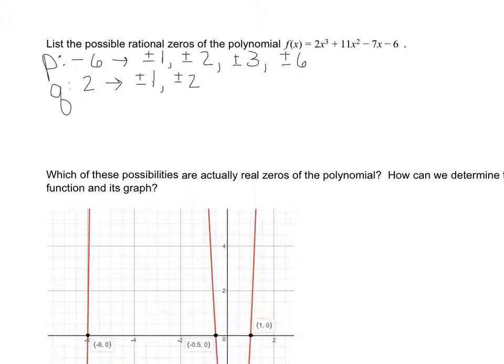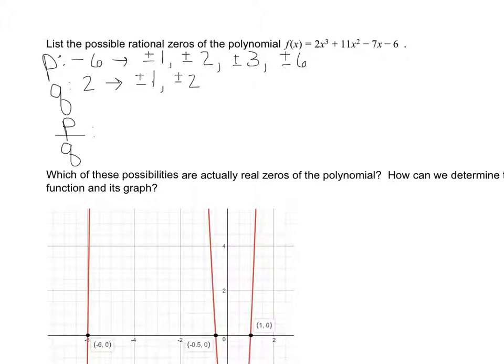So to find our possible rational zeros, that comes from doing p divided by q. So all of the factors of p divided by all of the factors of q give me my possible rational zeros.